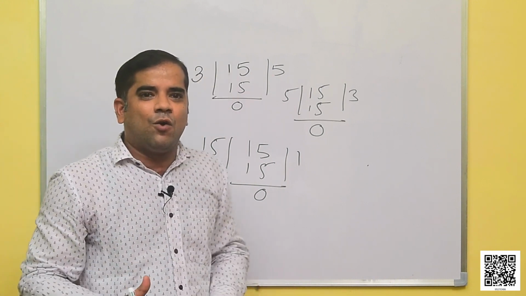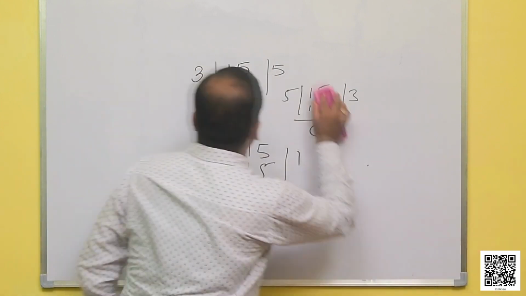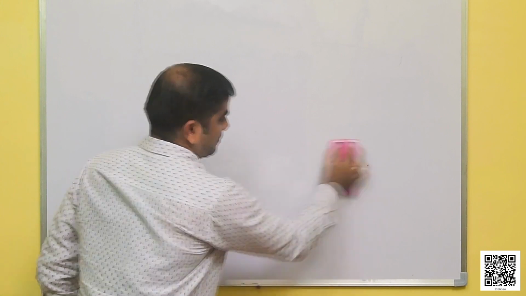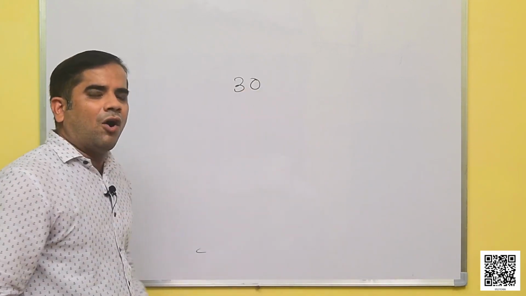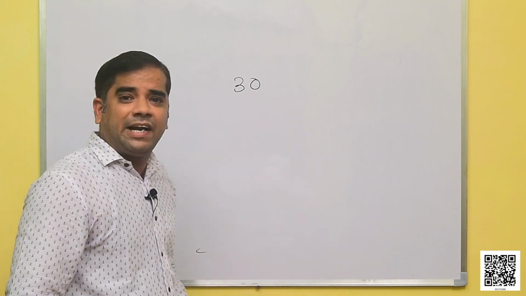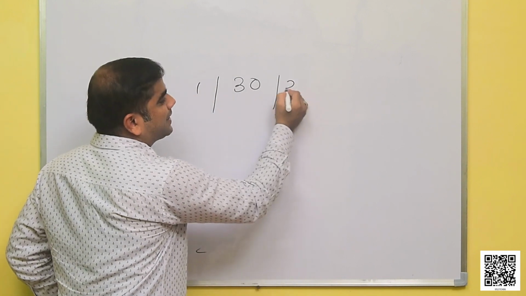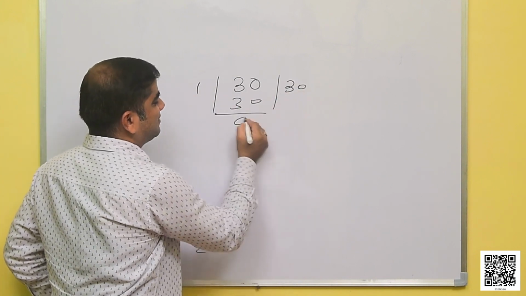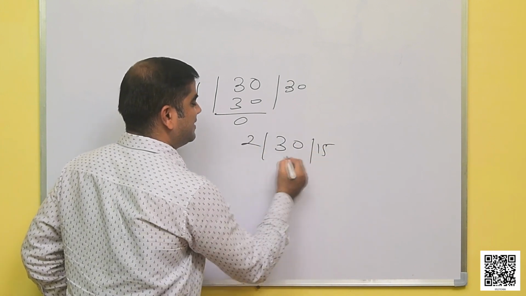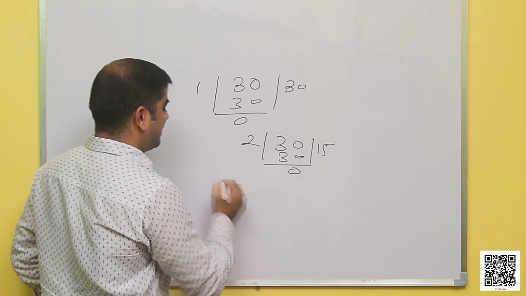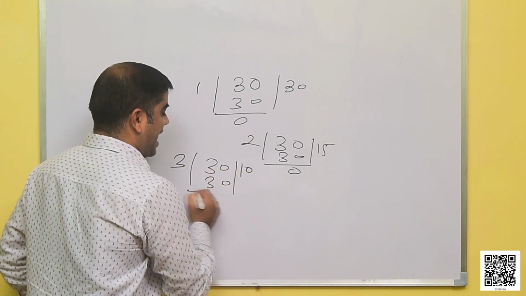So I can say, okay, take any number. Let's take another number, suppose 30. 30 is a number. Can you tell me by which numbers 30 can be divided? Yes, 30 can be divided by 1. 1 thirty is 30. 30 can be divided by 2. 15 twos are 30. 30 can be divided by 3. 10 threes are 30, and so on.